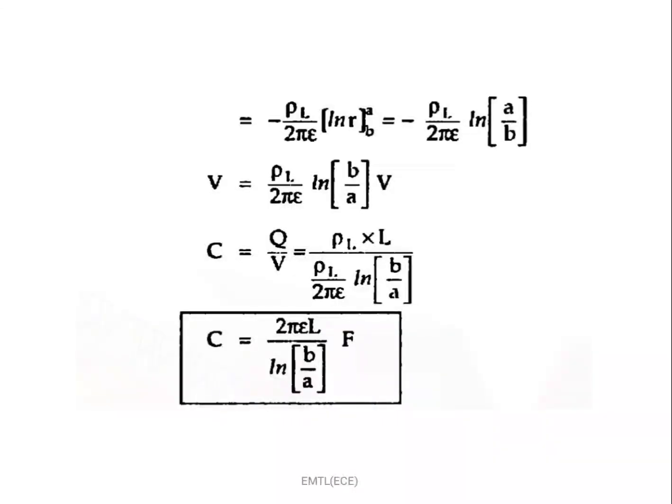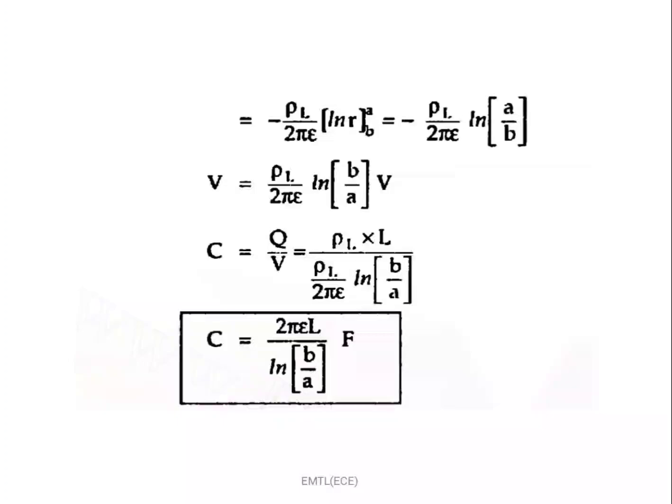So here the rho L values cancel. Now the 2 pi epsilon values go to the numerator. So the capacitance for the coaxial cable is equal to 2 pi epsilon L by log of b by a farad.